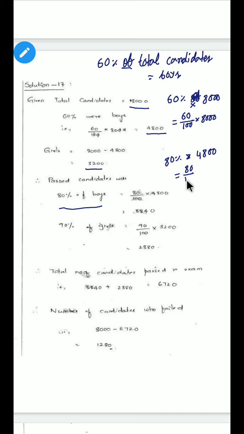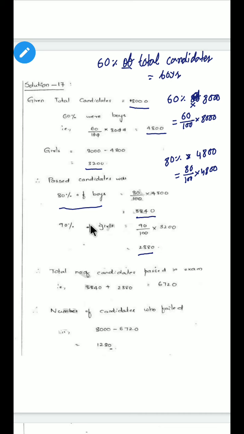If you calculate it, you will get this many boys passed in the examination. In a similar way, 90% of the girls passed, so you can solve it and we will get 2,880 girls passed in the examination.